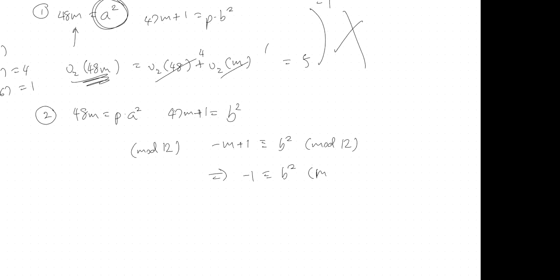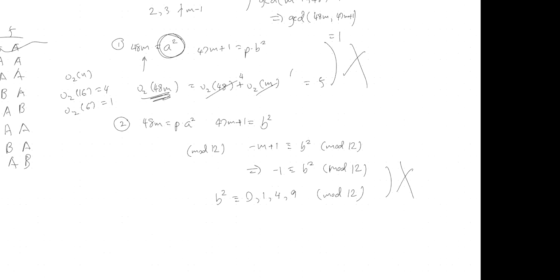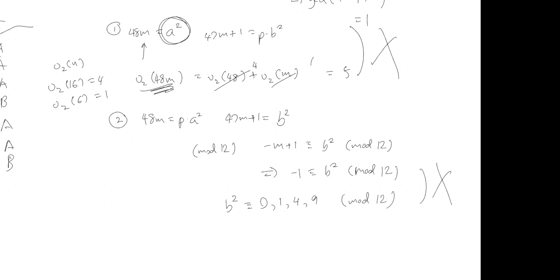But now, how can this be? If you write it out, you see that b squared can only have a remainder of 0, 1, 4, or 9 mod 12. 4 squared just becomes 4, 5 squared just becomes 1. Every possible b squared has a remainder of one of these, which contradicts the top. So therefore, there are no prime numbers p. Or if you want, you can use quadratic residues, but that's overkill.